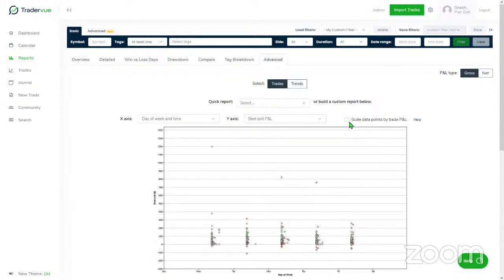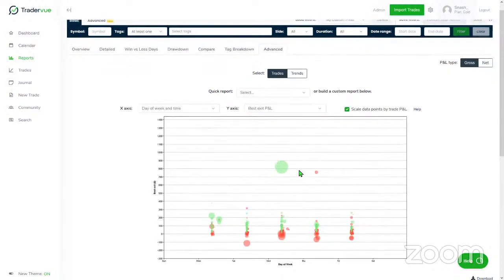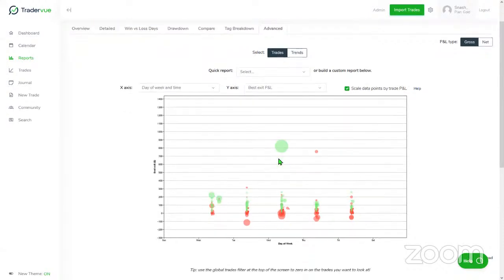So basically this is just showing it in an easier to visualize way. Let me explain a little bit here. The green dots represent a trade that was profitable. It was a winner, basically. If it's red, then it's a losing trade.